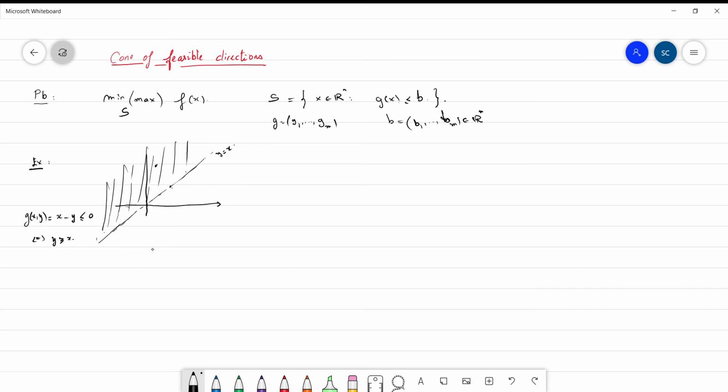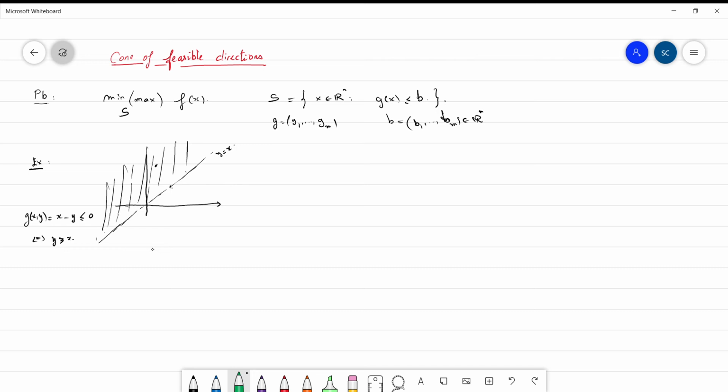So a way to include both situations, the suitable way, is to consider curves, like we did when we had equality constraints.